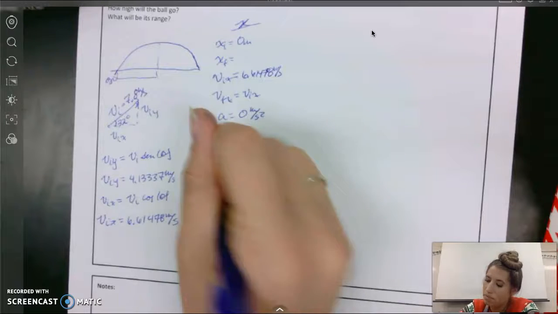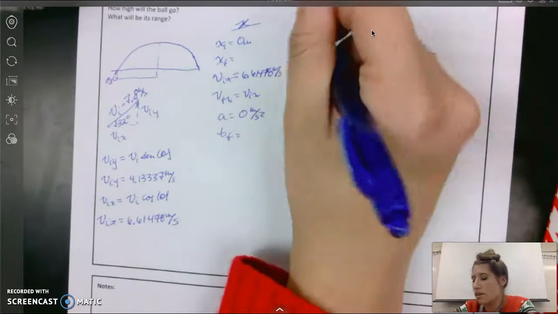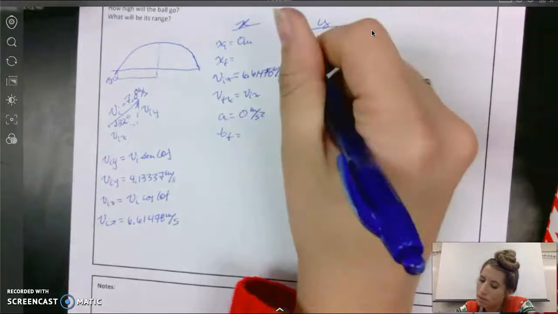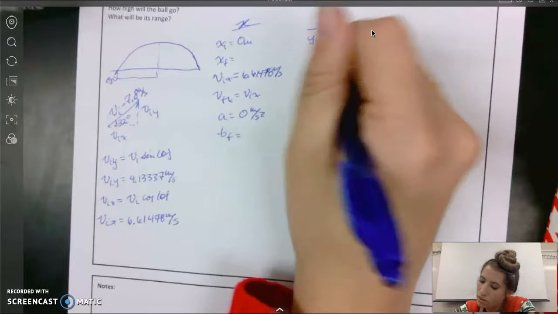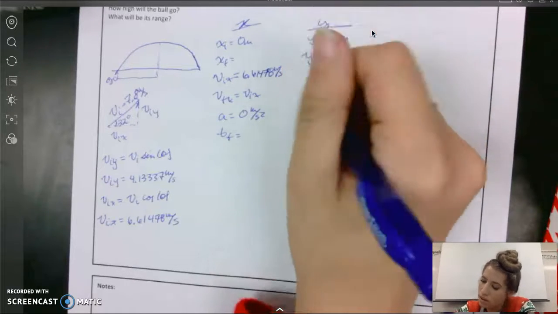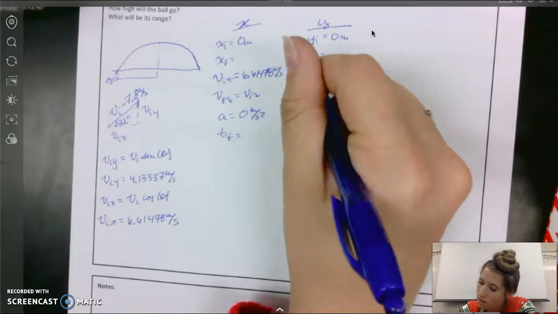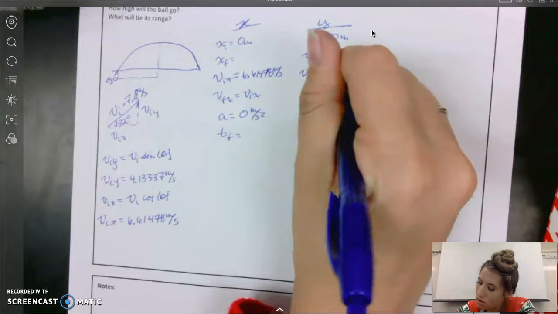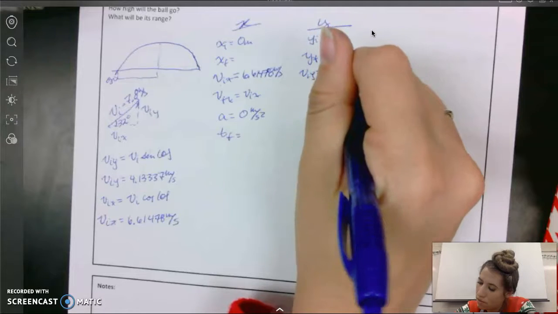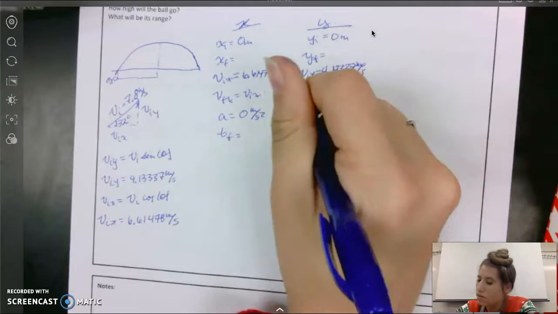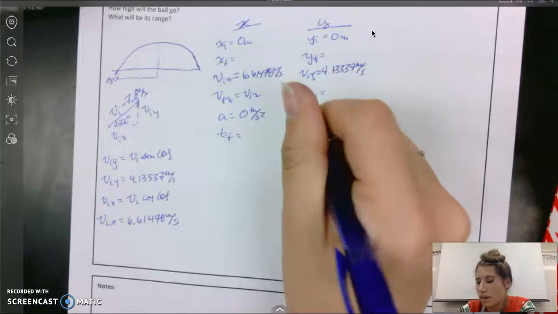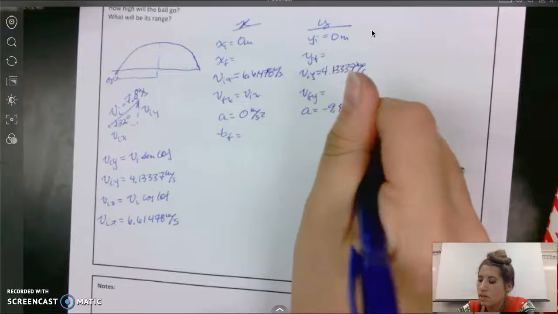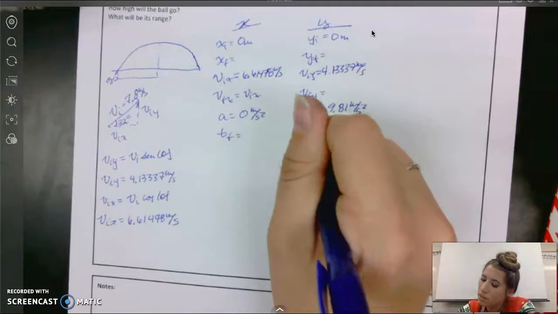We don't know the time. Okay. Y components, y initial is equal to 0. Y final is the height there. Velocity initial in the y we calculated. Velocity final in the y, we don't know what that is. The acceleration is due to gravity. And then we don't know the time component.